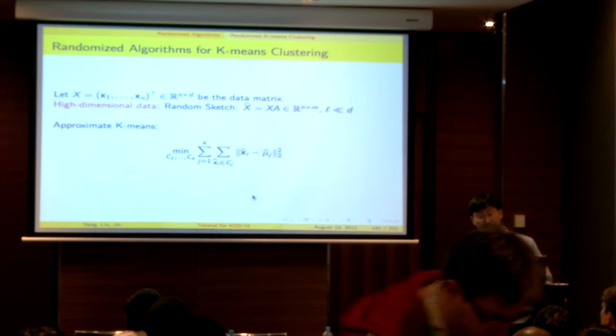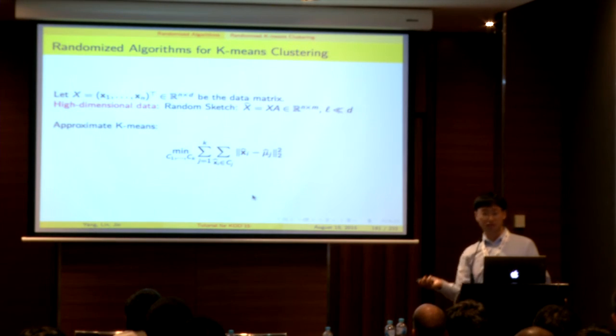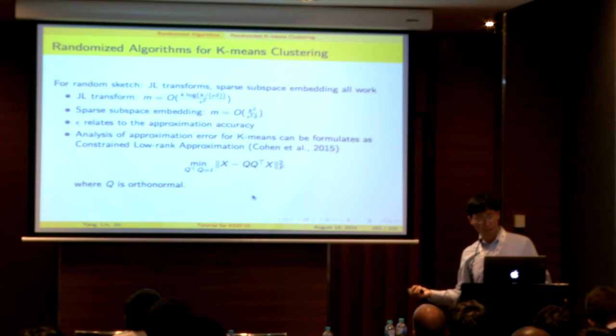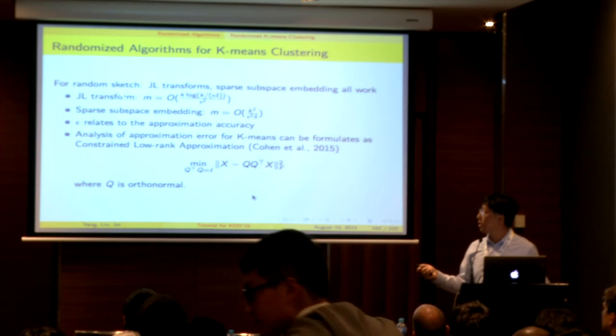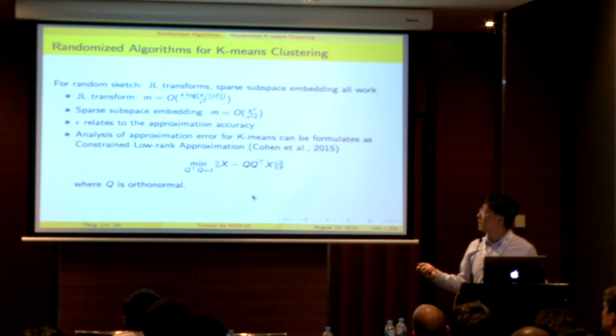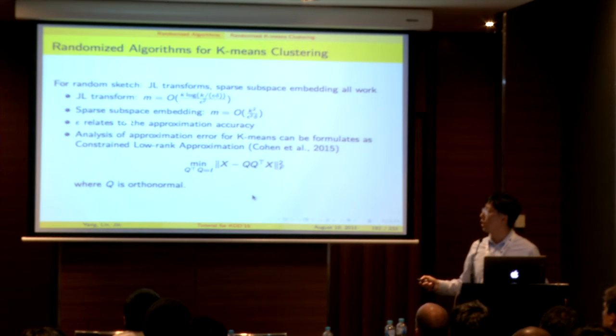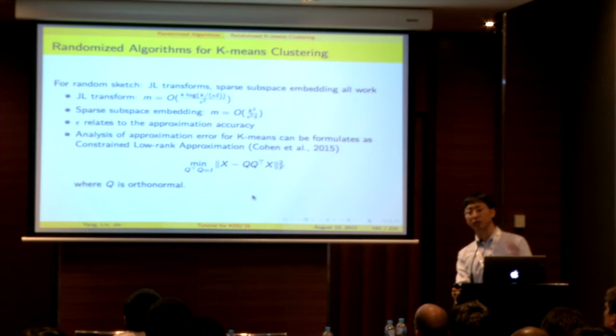Using the JL transform or sparse subspace embedding, with m on the order of k times a log term divided by epsilon squared, we can guarantee that the k-means solution we obtain is within epsilon accuracy of the optimal solution obtained from the original data matrix.